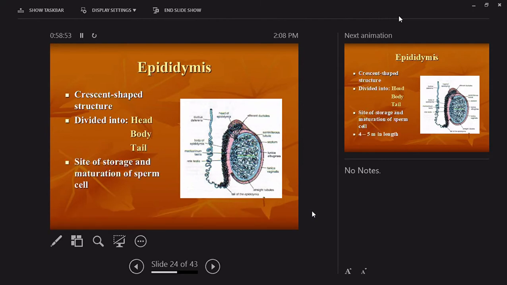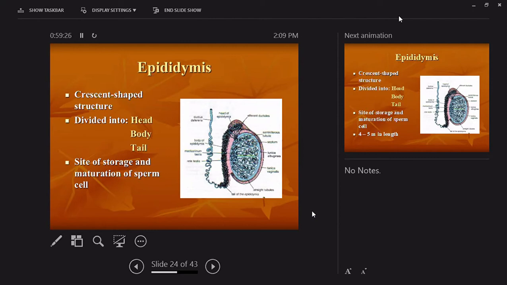The epididymis is the site of storage and maturation of sperm cells. So that's why, hallelujah, even if you do your thing every day, there will always be sperm cells, because we have millions stored in your epididymis.